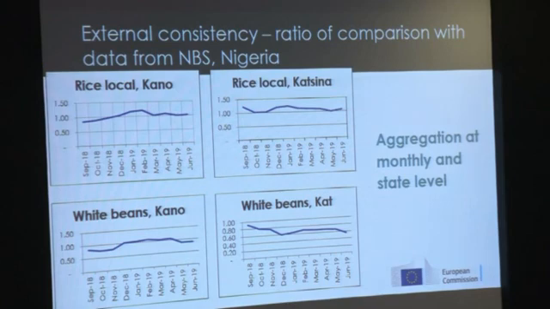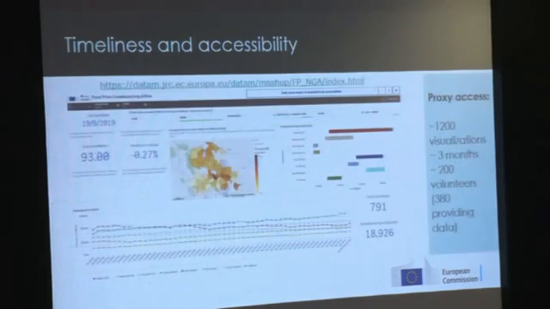We see that the relation is quite stable for both commodities in both states. They are around 1 for local rice, both in Kano and Katsina, and also for white beans in Kano. But for white beans in Katsina, our prices are consistently lower than the prices from the Statistical Office. So here we could further investigate where this difference is coming from.